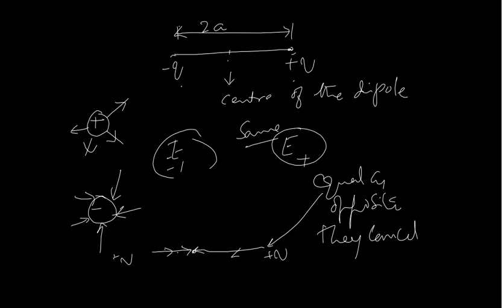You keep this one, this is the correct one. From minus q, right? This is a minus q. Field vectors, you should say field vectors, are equal and opposite, and therefore they cancel.